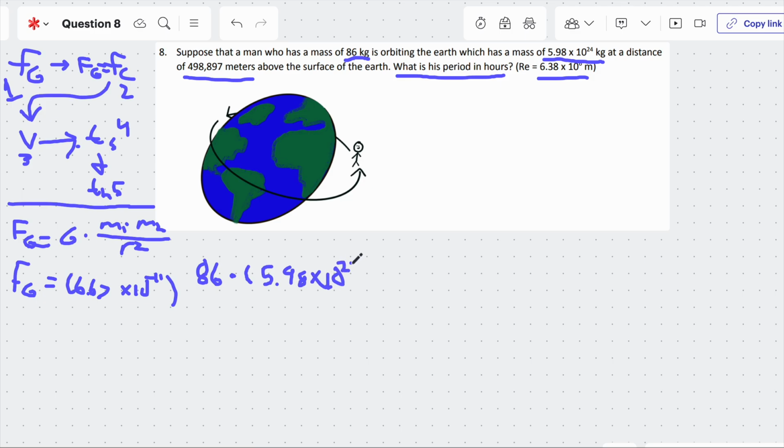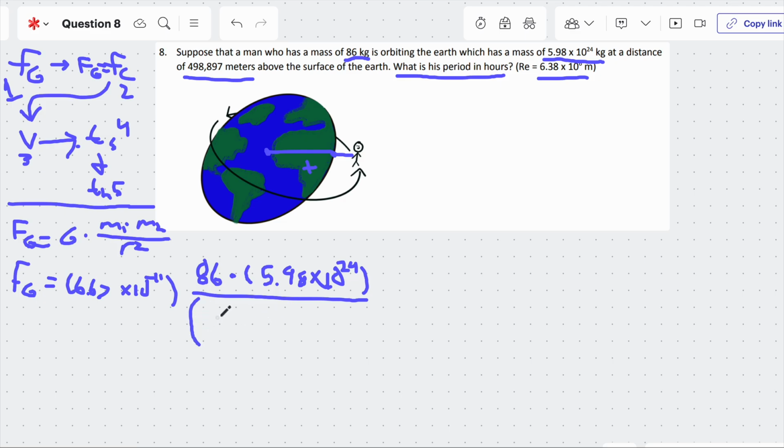I don't know. Okay, that is the mass of our Earth divided by the radius squared. So our radius is going to be the center of the Earth to the core. That's what this value is. And then plus the distance from the edge of the Earth to our dude.